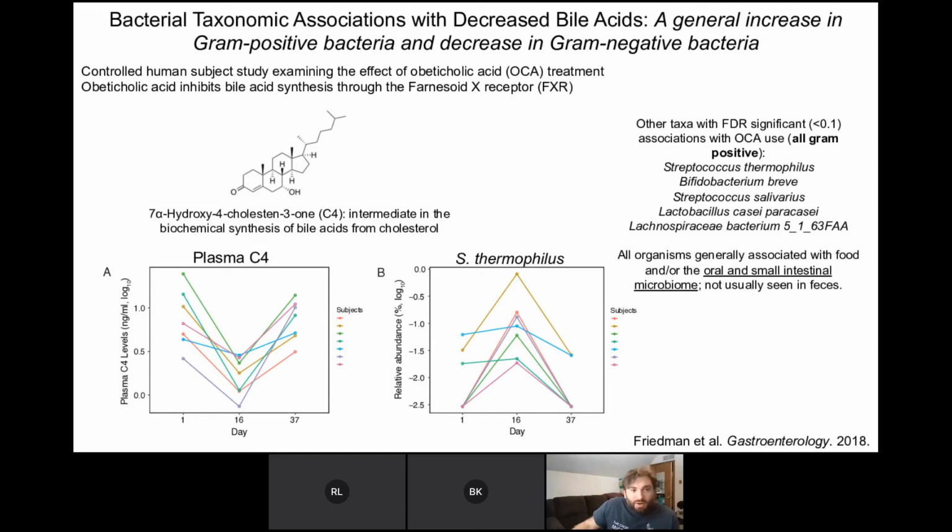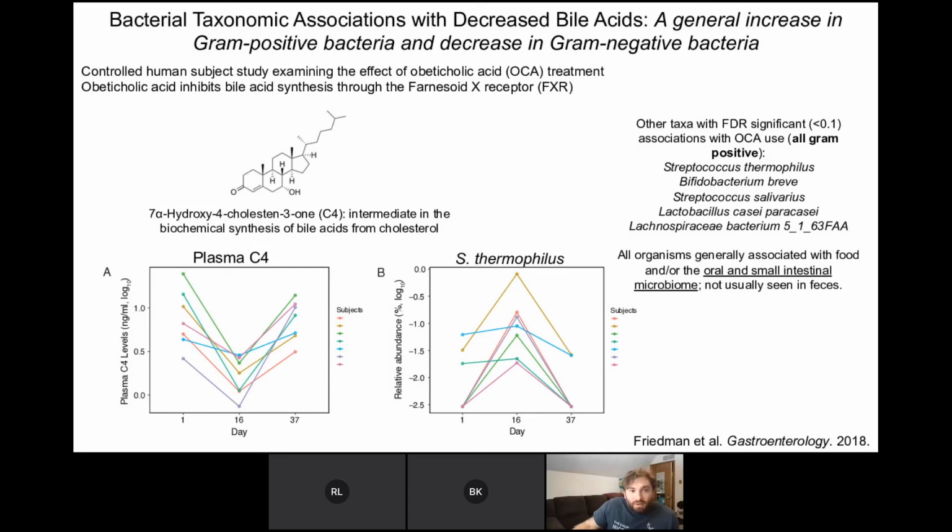And here we observe a robust decrease in this biochemical intermediate on day 16 of this study, which is when the subjects were on drug for a maximal amount of time. So there's a baseline point at day 1, an on-drug point at day 16, and then they're off drug again at day 37.